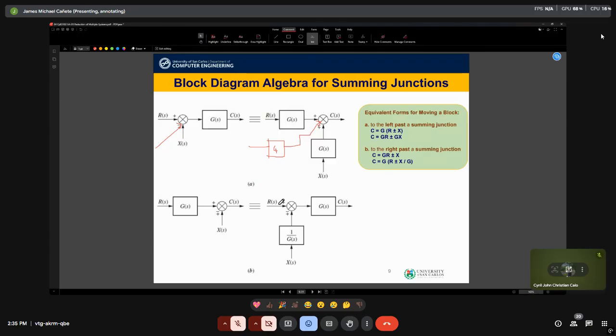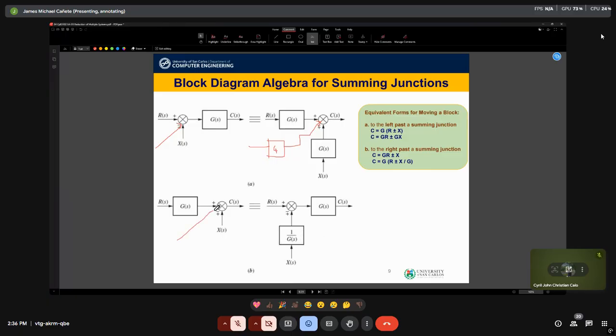Another situation where you need to move blocks close to a summing junction is when the block is on one of the input paths and you want to move it to the right of the summing junction, from the input to the output. You copy the block on the output arrow, and you take the inverse of that block and copy it to the other branches.